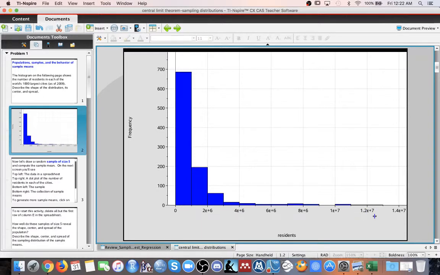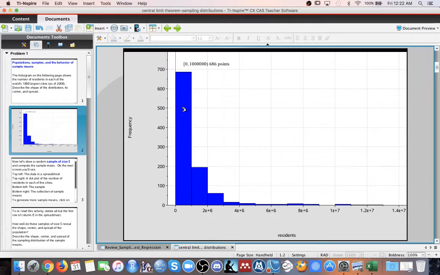So this is really, really big out here. 1.2 times 10 to the 7. So you're looking at really, really big numbers there. These are going to pull up that mean for sure, and so the median is going to be a little to the left. The mode obviously is here between 0 and 1 million.